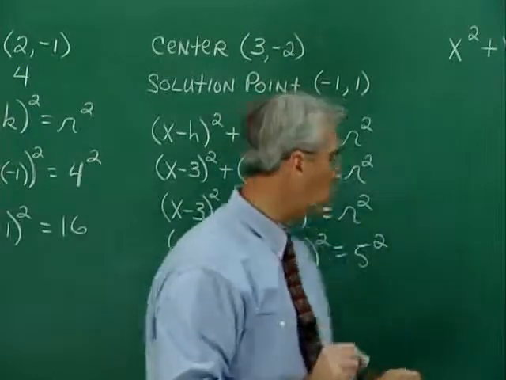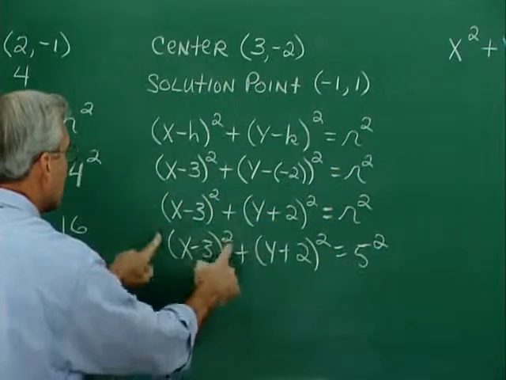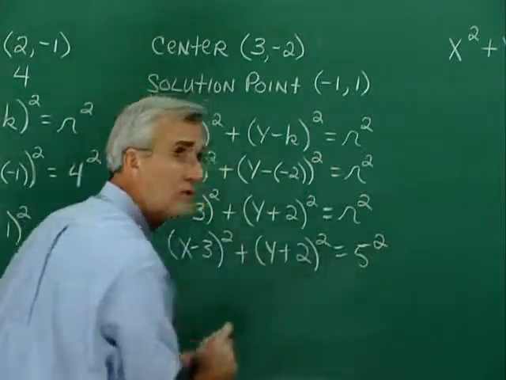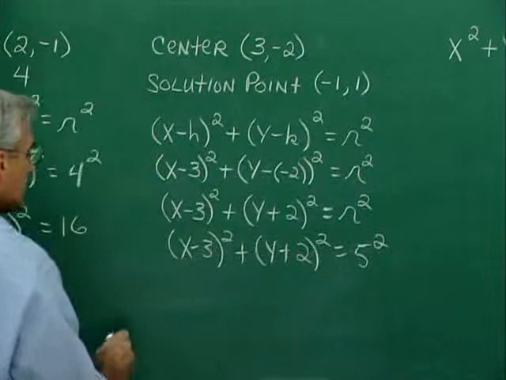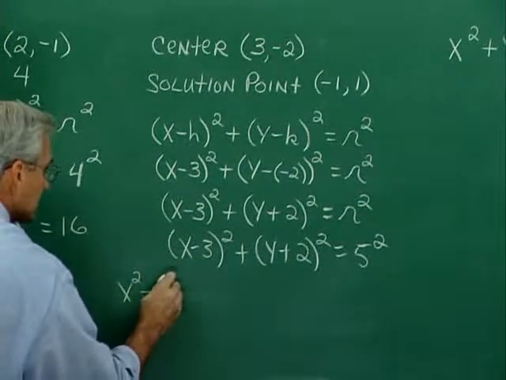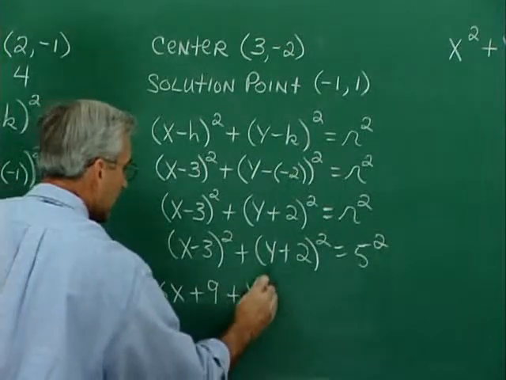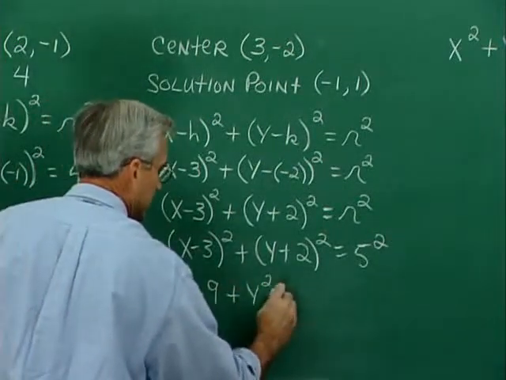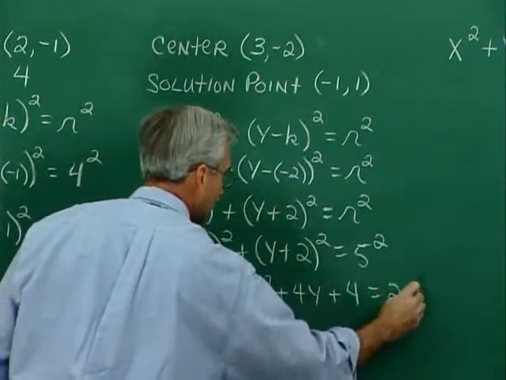The general form associated with this one would mean, let's see, let's square here and square there. You just expand it out, performing the indicated operations. This ends up being x squared minus 6x plus 9, and then y squared plus 4y plus 4 equals 25.